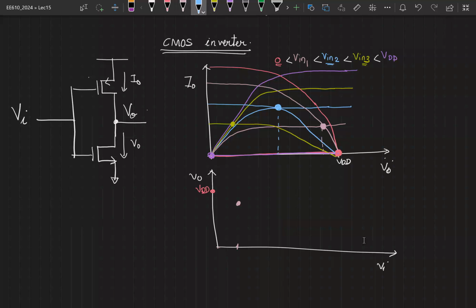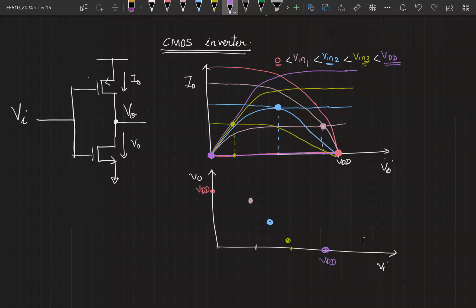This is almost midway, so I'll shift this position slightly. Let's say Vin1 was here and value was lower than VDD. This curve is somewhere here. The next one is here, so somewhere here. And finally, for Vin equal to VDD, V0 is 0, so you are here.